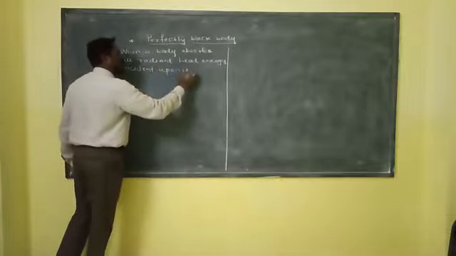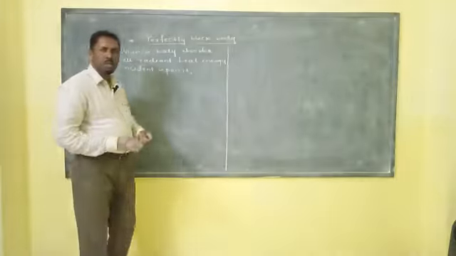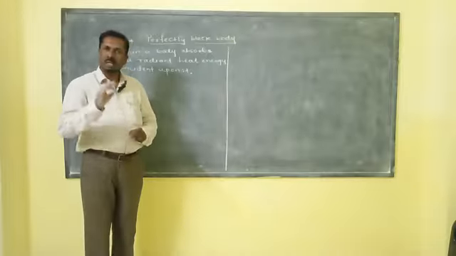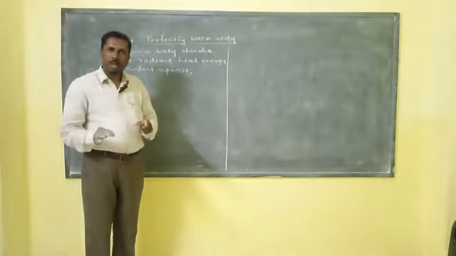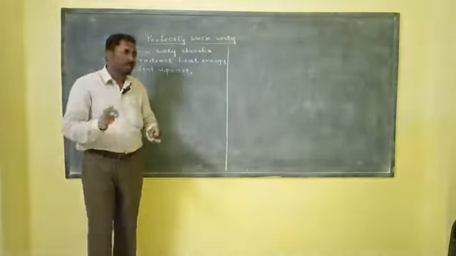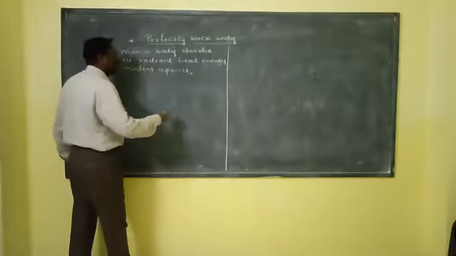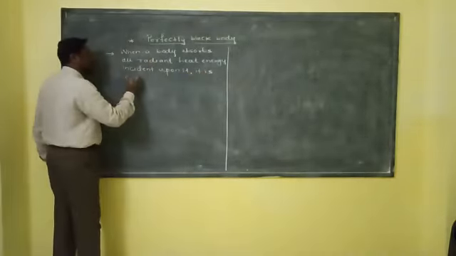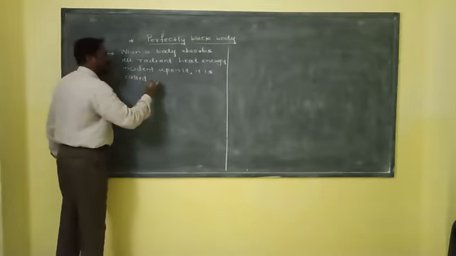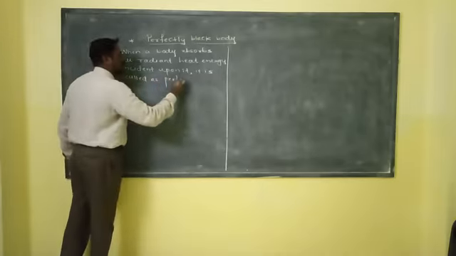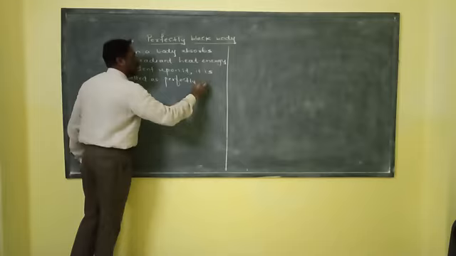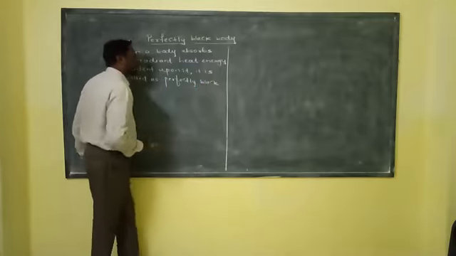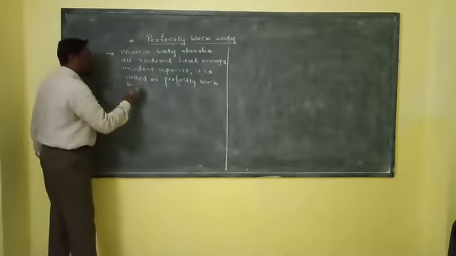What do you understand by perfectly black body? Whatever heat is incident on a body, if the body absorbs all the heat, then it is called a perfectly black body.